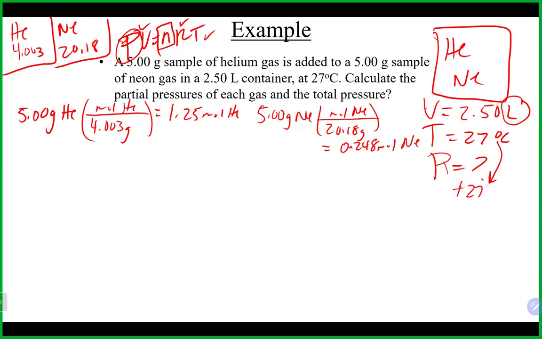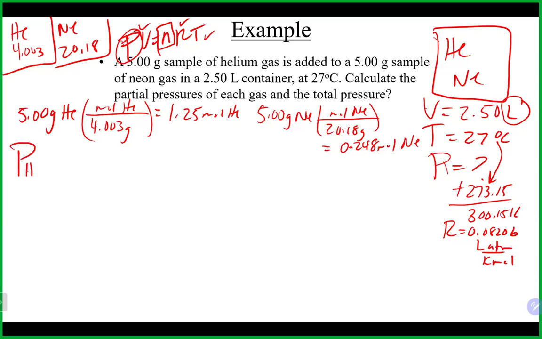So we'll add 273.15, going to give us 300.15 Kelvin. And once again, our R is always given to us. Or I wouldn't say given to us, it's usually never given to you, but it is a number that you have available to you.